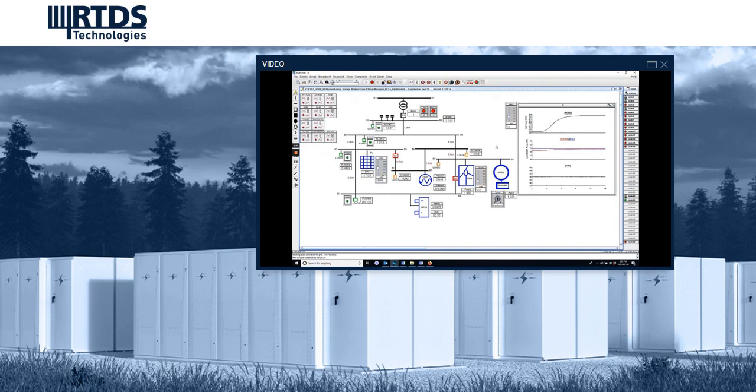The real-time simulation updates are shown on the computer, which is running at a much slower rate than the real-time simulation, but we can actually see the real-time updates of the meters.